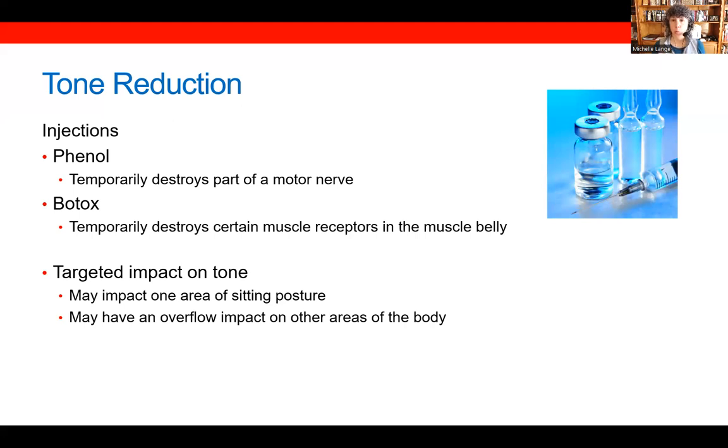It's going to impact one area of the sitting posture, but we might see an overflow impact. So, if we can relax one muscle, like the hip adductors, for example, we might see some overflow where there's less extension and rotation in the hips as well.